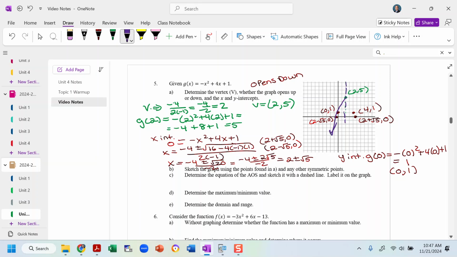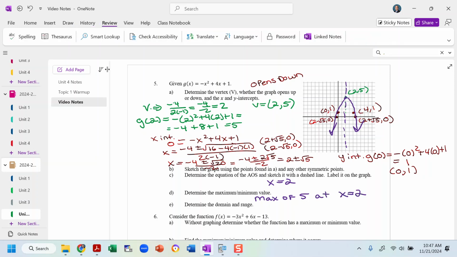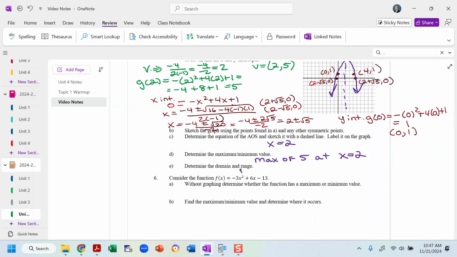And remember to put the axis of symmetry right there. So the axis of symmetry is x equals 2. And then there is a maximum value of 5 at x equals 2. The domain, remember, is all real numbers. And the range is from negative infinity to 5 inclusive.